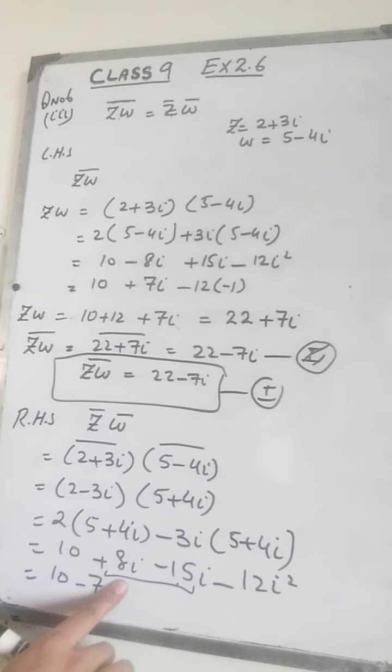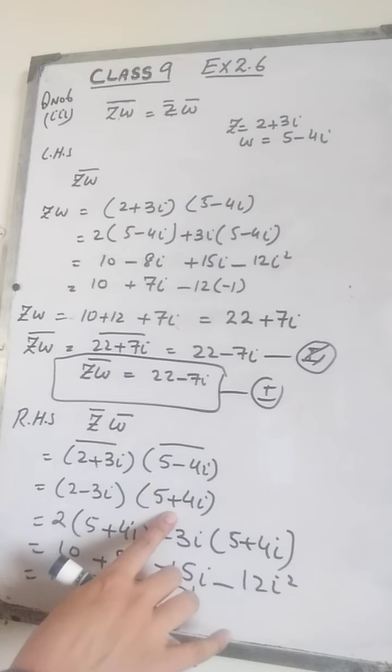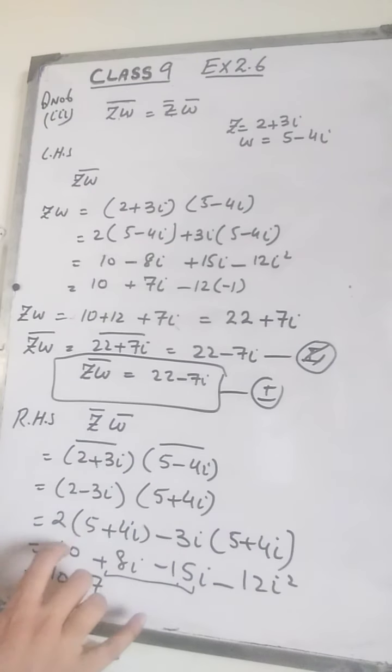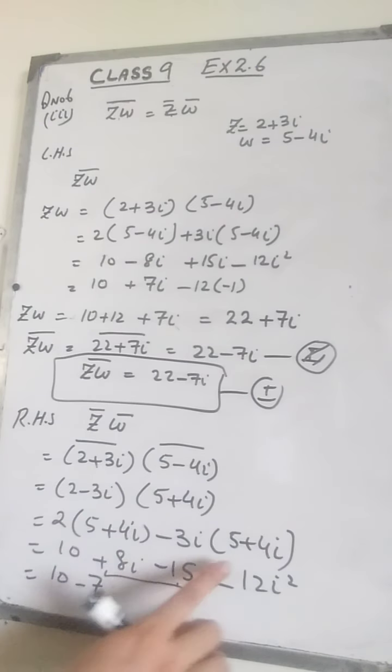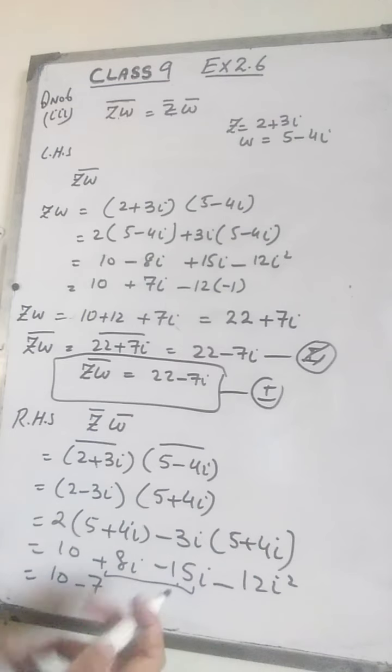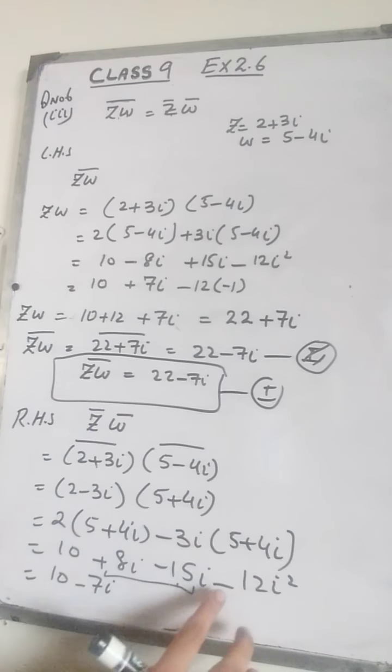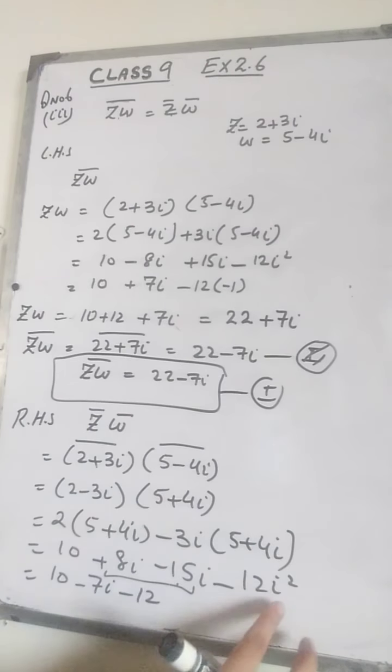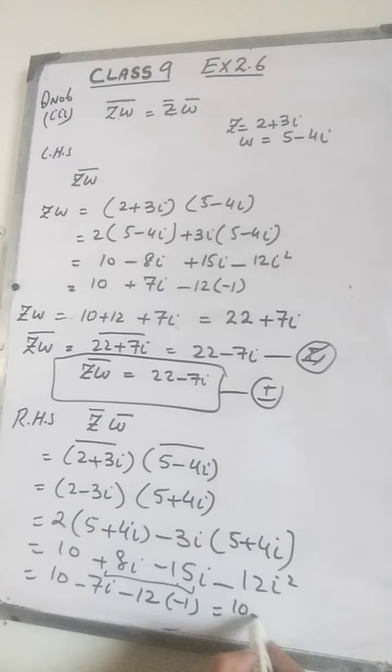Here we may have made some mistake. Okay, we are going right. 10 minus 7 iota. And minus 12 into iota square will be minus 1. So this is going to be 10 minus 7 iota and plus 12.